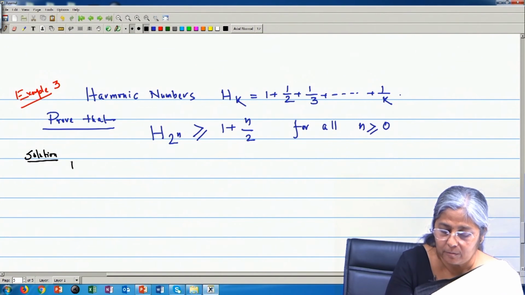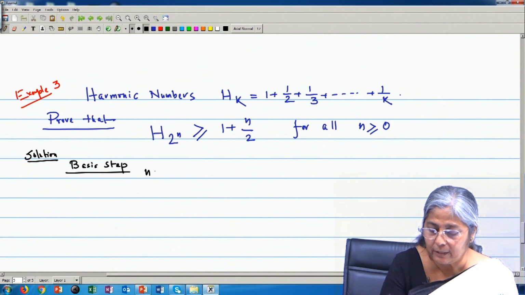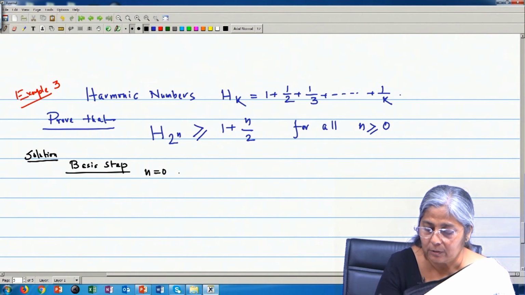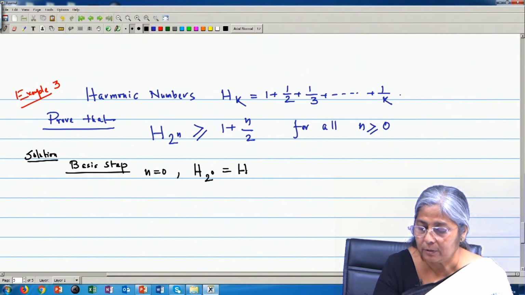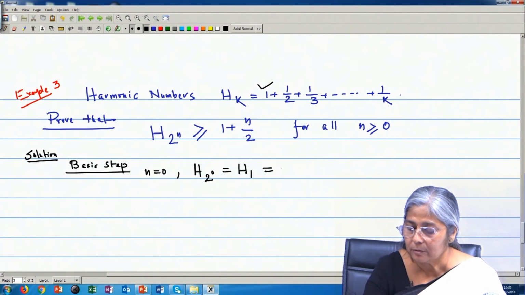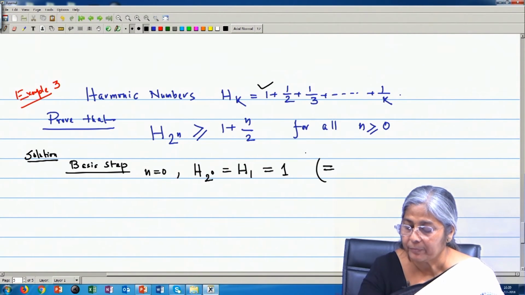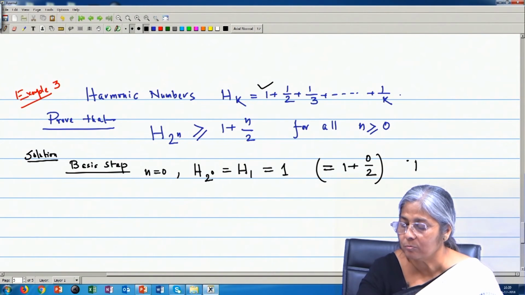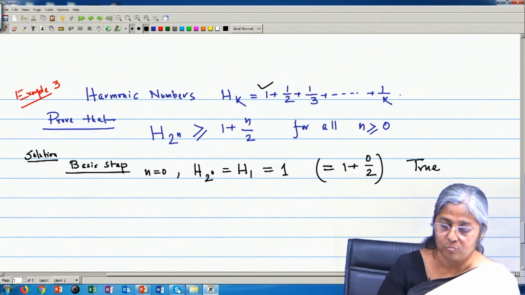For our basis step, we see for n equal to 0, H 2 to the power 0 equals H 1, which equals 1. So, I can write this is equal to 1 plus 0 by 2. So, this is true, and our basis step is true.